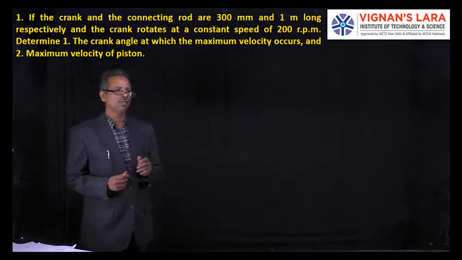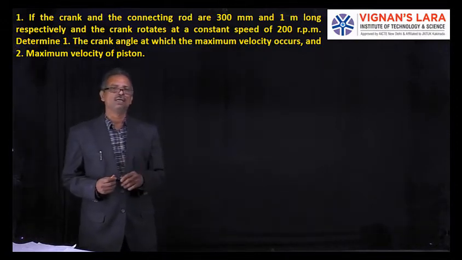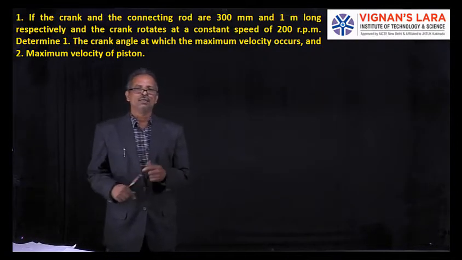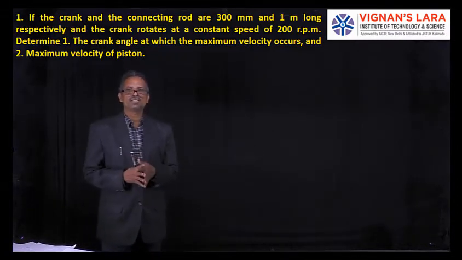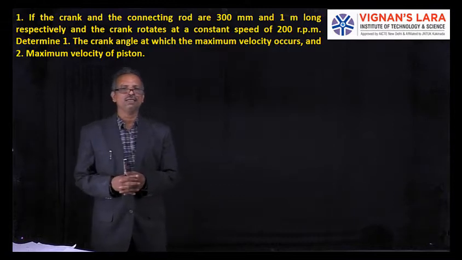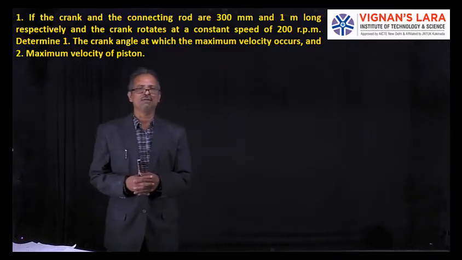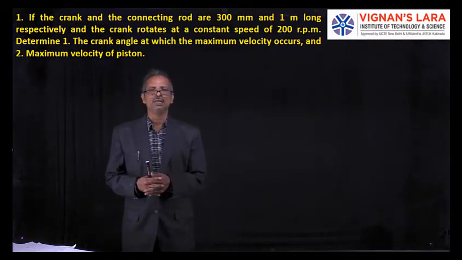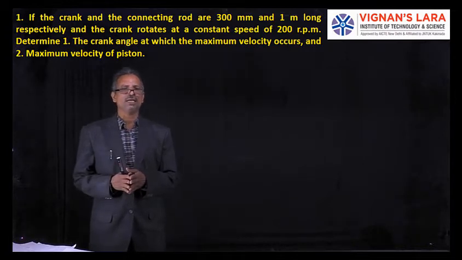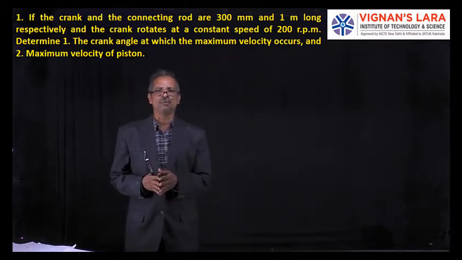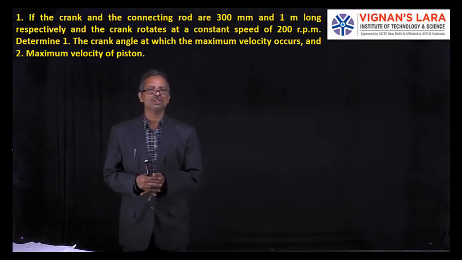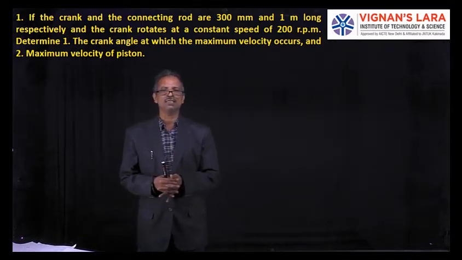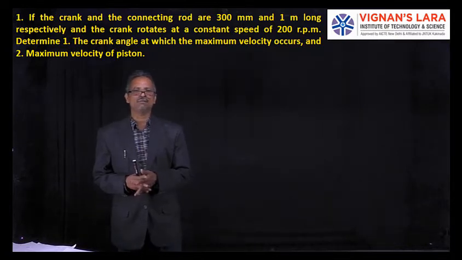Let us solve a problem on the connecting rod which we discussed just now. The problem is like this. If the crank and connecting rod are 300 mm and 1 meter long respectively, and the crank rotates at a constant speed of 200 rpm, determine the crank angle at which the maximum velocity occurs and the velocity of the piston.